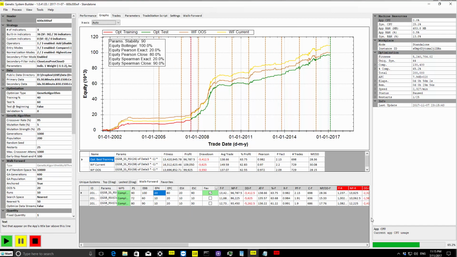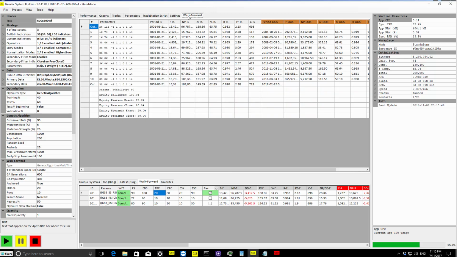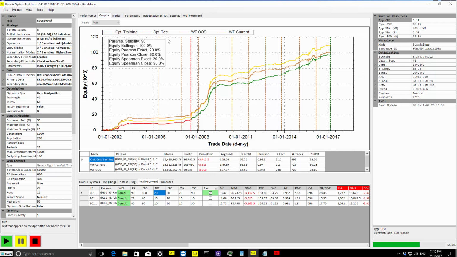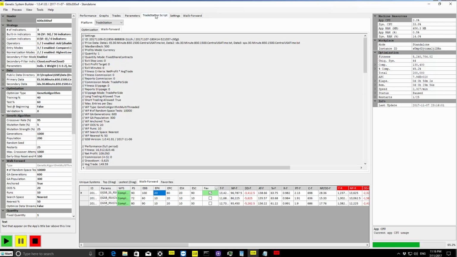And now the more exciting bit is we can go to the TradeStation script. We don't click on optimization, we go to walk forward, and this will be using the parameters of the curve that we see here in yellow. So we go to TradeStation script, copy to clipboard, and then we go to TradeStation and paste it in a strategy.